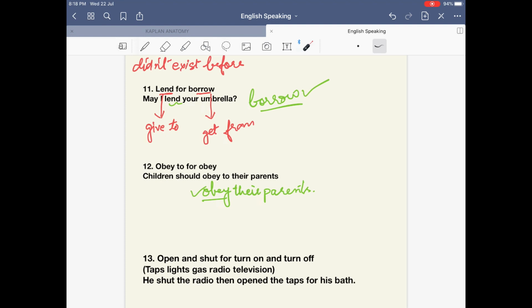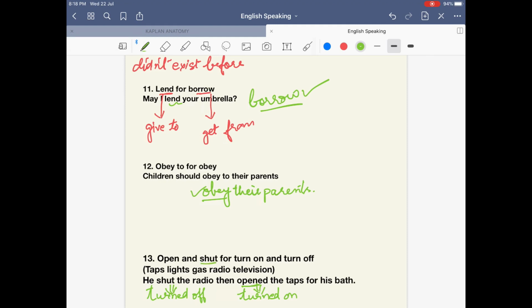This is completely wrong. What it should be: "He turned off the radio, then turned on the taps for his bath." Shut, which means band karna, is replaced by turned off, and opened is replaced by turned on. These are the appropriate verbal phrases to be used.